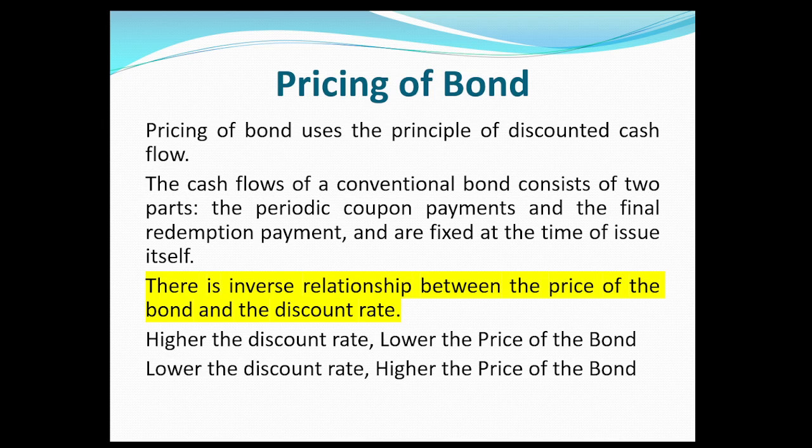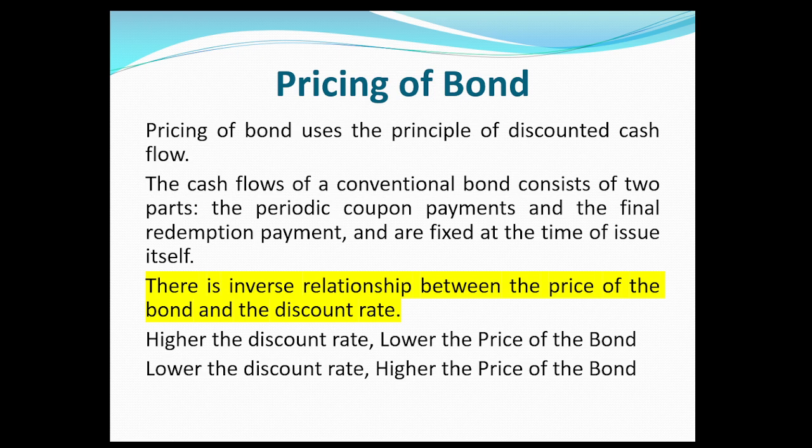Now suppose the reverse happens. In the market, the new bonds are paying 12%, but my bond is paying only 10%. So now what will happen? No one would like to purchase my bond. If I want to sell my bond, I have to sell at a lower price.